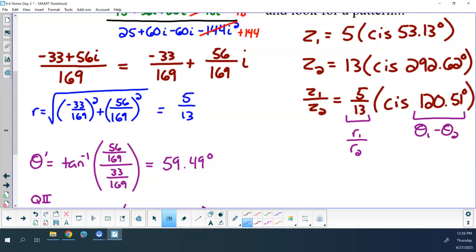Okay, well, it doesn't look right, right? So let's look at this. So that would be 53.13 minus 292.62, which gets me negative 239.49 degrees.